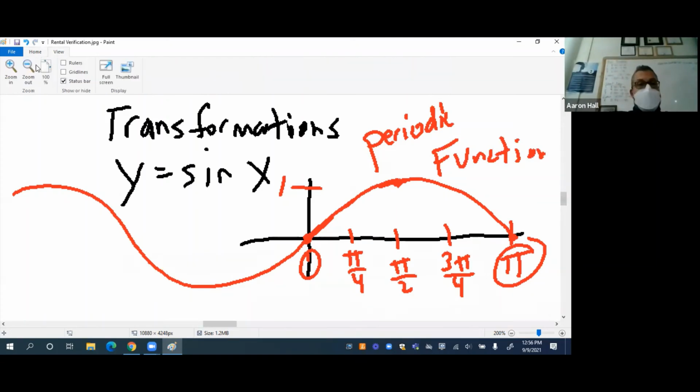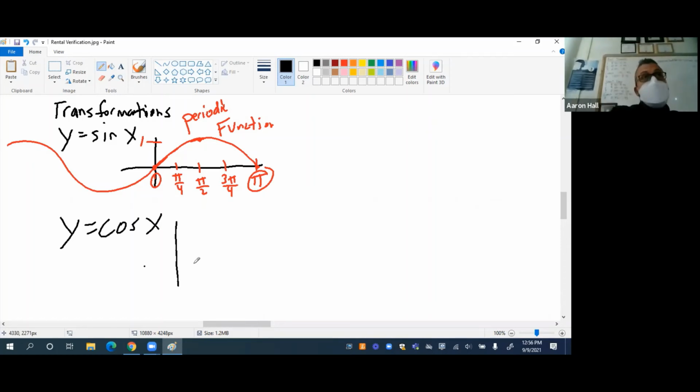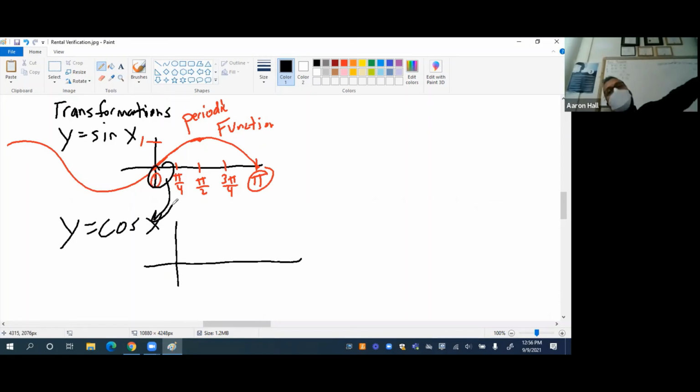What does cosine look like? Let's plug in 0. What do we get when we plug in 0? 1. We get 1. So I'm going to start up here at 1.